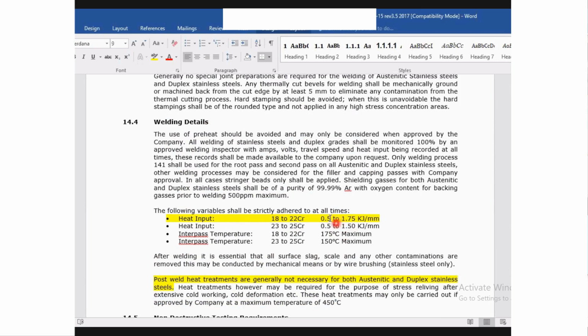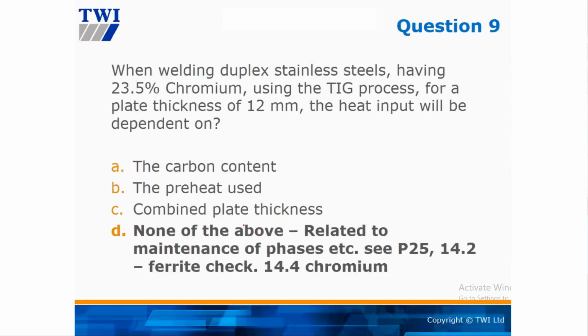So that's why the best answer here goes to D. It's not from the carbon content, it's not from the preheat used, and it's not from the thickness. It depends on the chromium. All right.